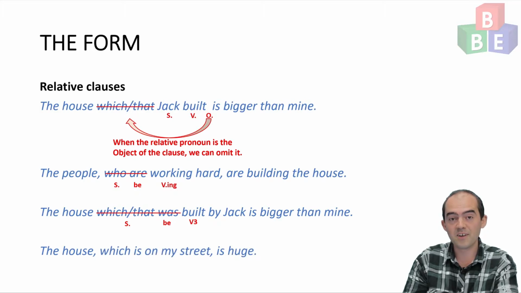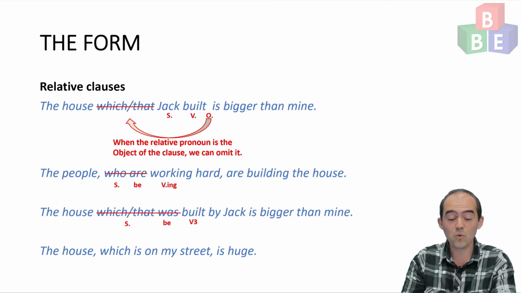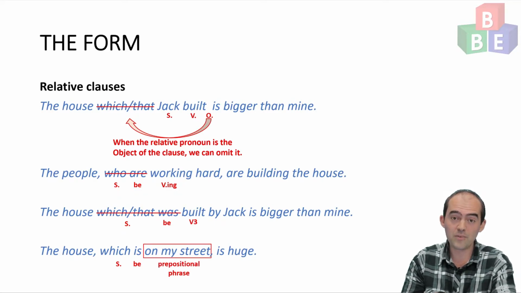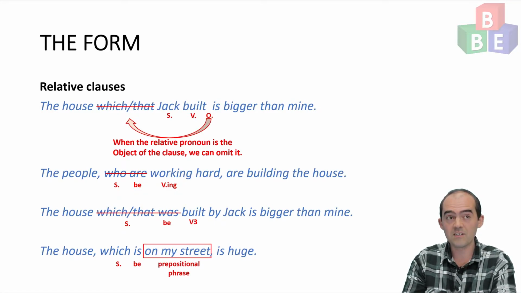Finally, we have this example. The house, which is on my street, is huge. In this case, once again, the relative pronoun which is functioning as the subject. And then I have my be. In this case, be is the main verb before the prepositional phrase on my street.